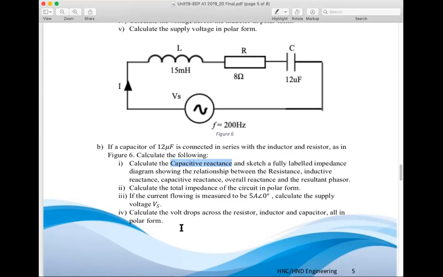So you'll have a resistance, an inductive reactance from part A, and a capacitive reactance from part B. You must use the same frequency for both part A and part B. Whichever one you've chosen for part A, you've got to use the same one for part B.